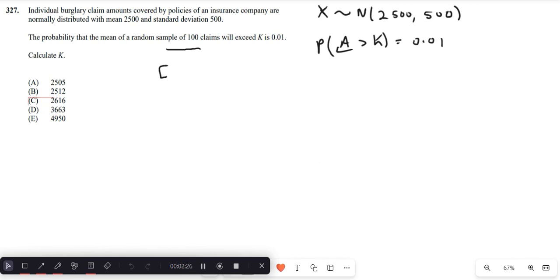The expected value of A is equal to 2,500.